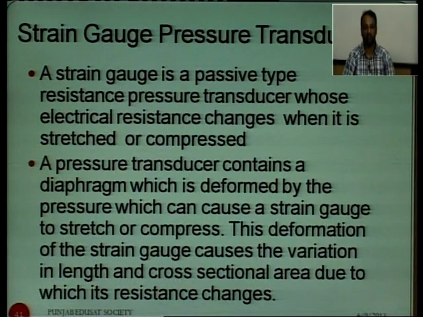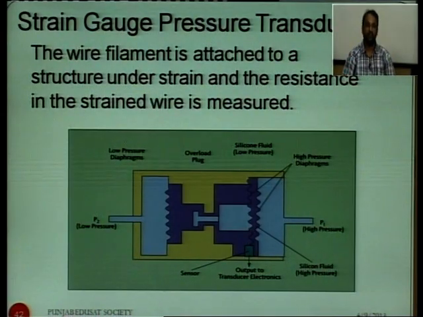So, either it may be stretched or it may be compressed. There is a change in the length as well as the area of the conductor, due to which there is a change in resistance. The wire filament is attached to a structure under strain. So, the wire filament whose resistance changes is connected to a structure under strain, and the change in the value of resistance is measured.